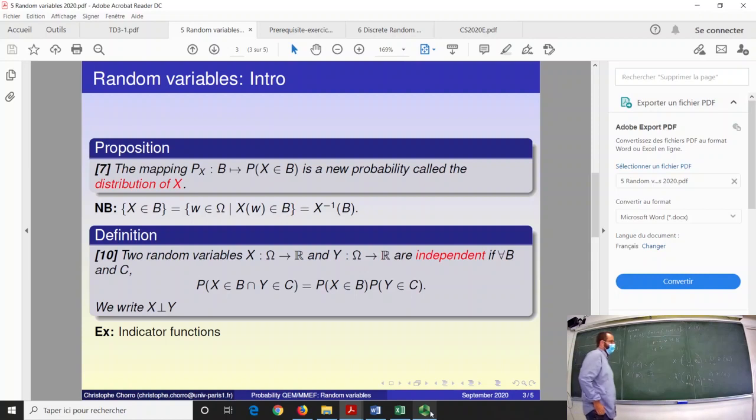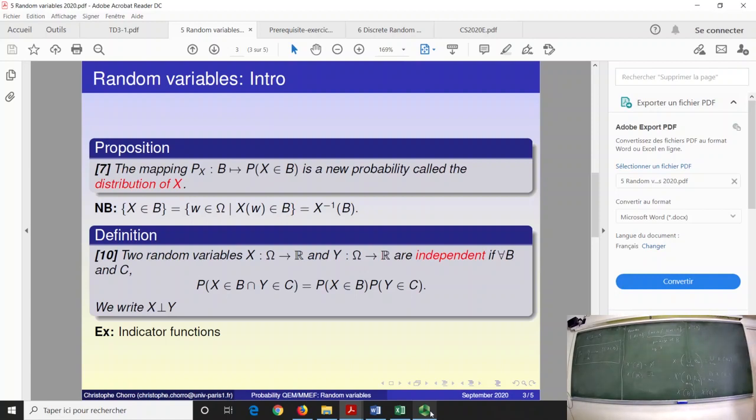In some sense, you can do anything you want, and you have also the following, the last one. X minus 1 of B complementary is equal to X minus 1 of B complementary. The nice formula.